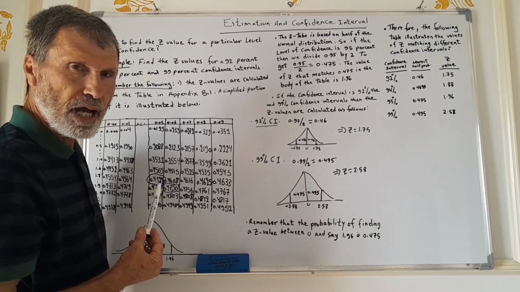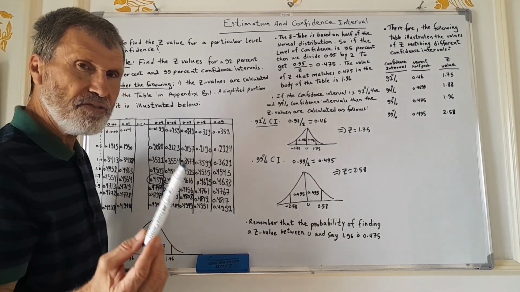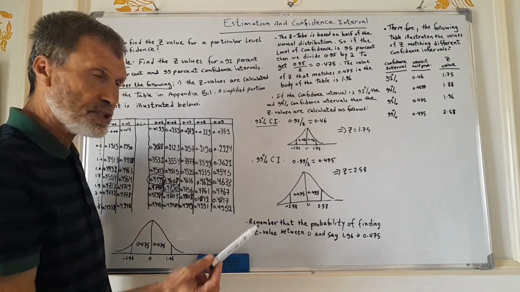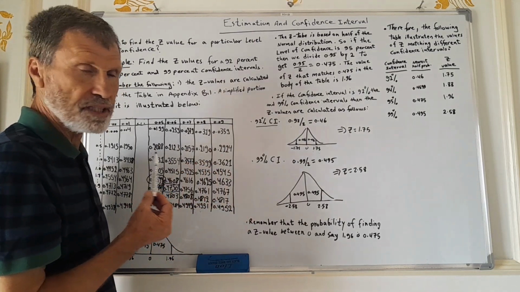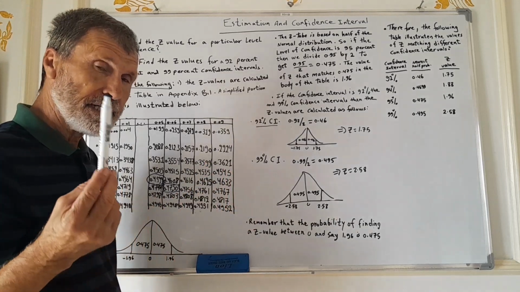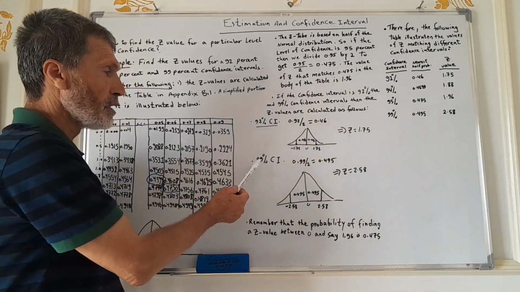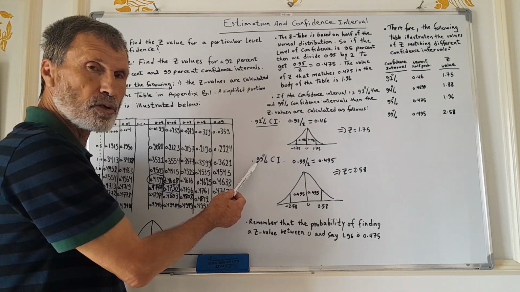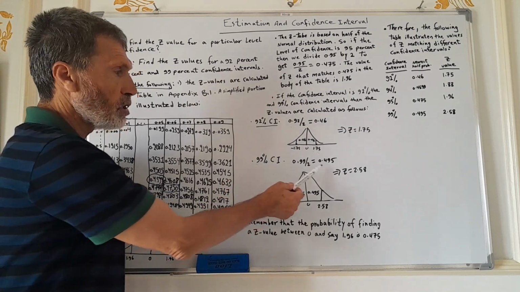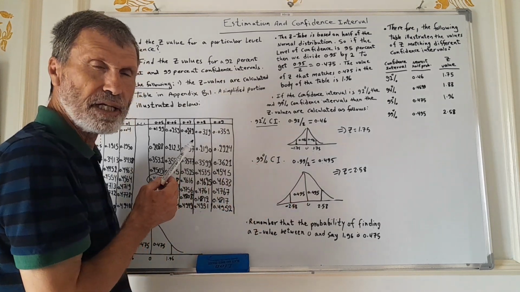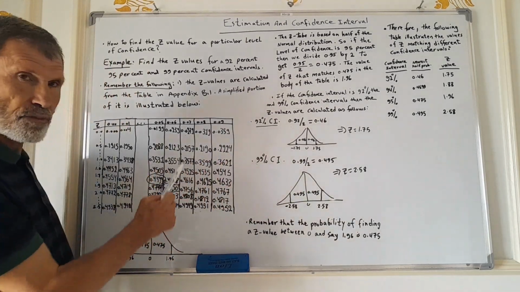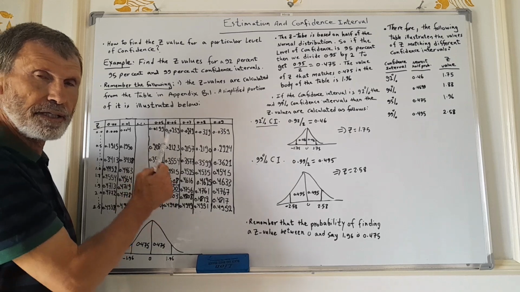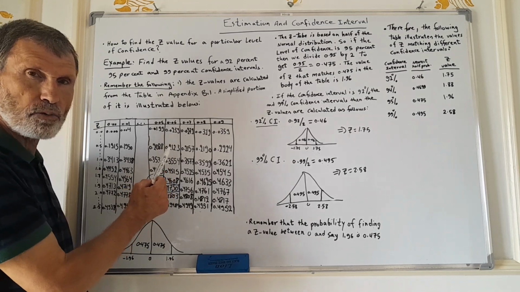Now, what about if the confidence interval is 99%? How are we going to find the z-value that corresponds to the 99% confidence interval? The first step is to divide 99%, or 0.99, by 2, and we come up with 0.495. Then we take this number to the body of the table in Appendix B.1.